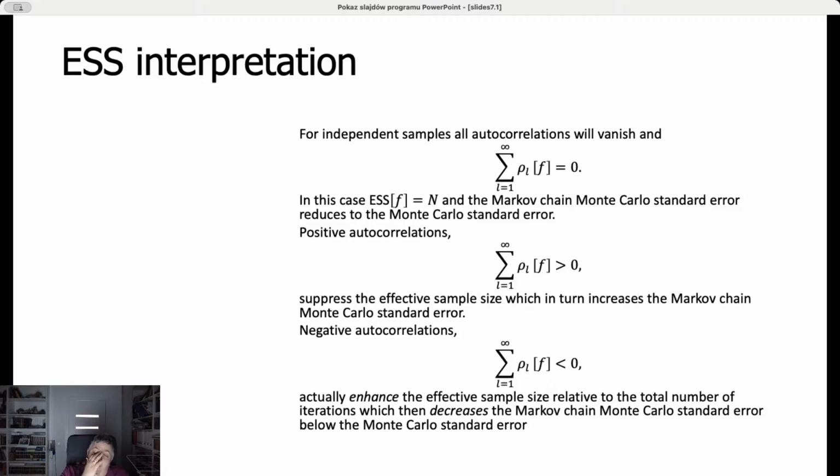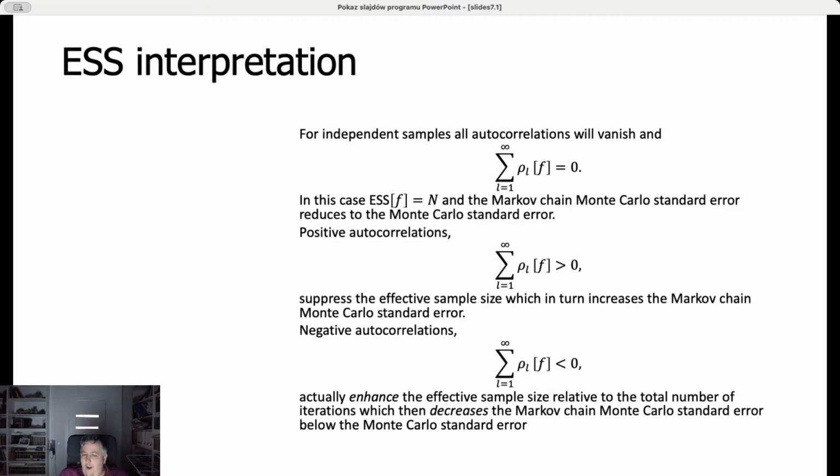Because when we have a positive autocorrelation, we increase the Markov chain Monte Carlo standard error, because the ESS will be smaller than n, sometimes even significantly smaller.